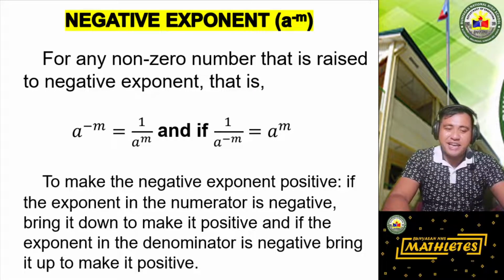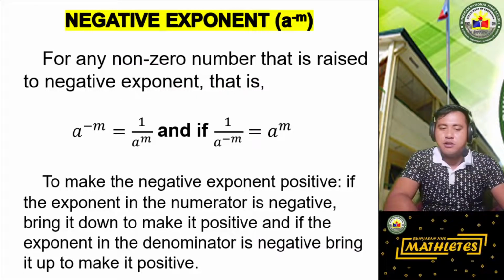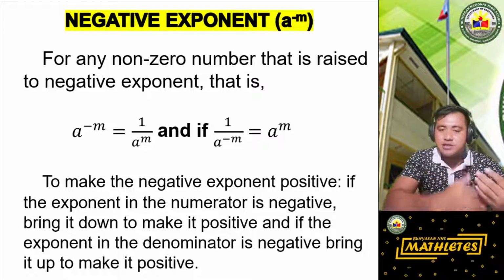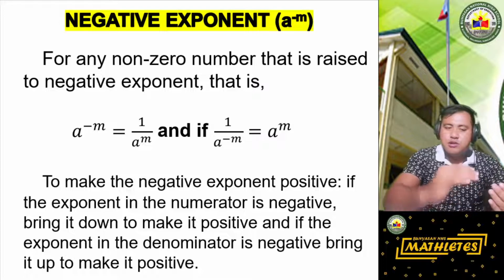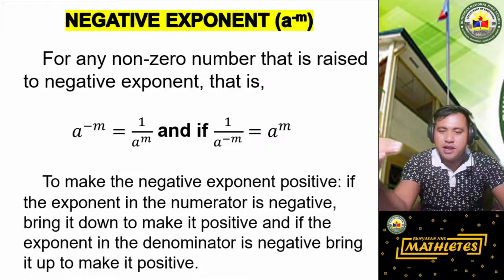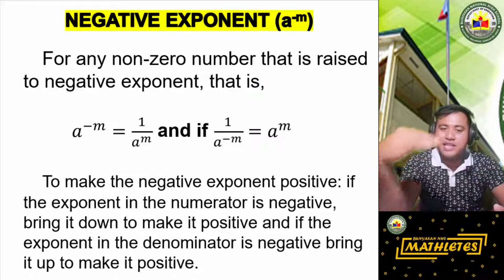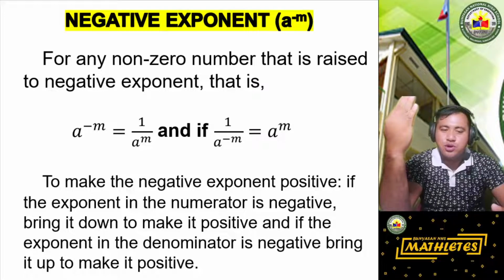Okay, to make the negative exponent positive, if the exponent is in the numerator, you have to bring it down to the denominator to make it positive. And if the exponent in the denominator is negative, you bring it up to make it positive.